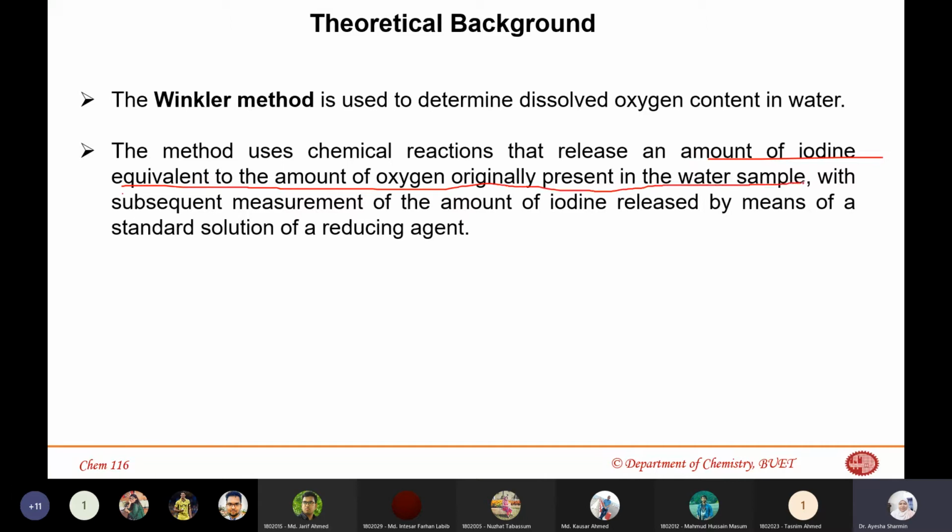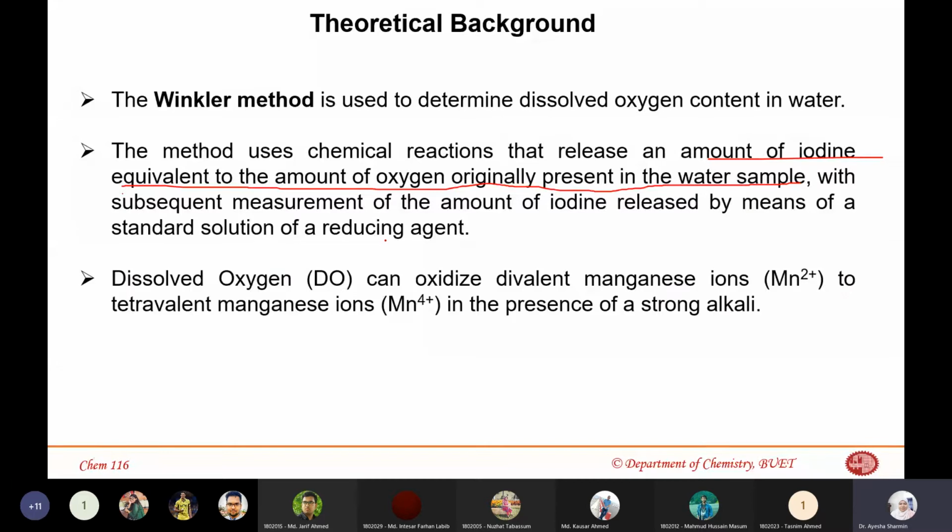That's why we need that special bottle, so that the sample doesn't come in contact with the air, and oxygen can't diffuse in and dissolve in the sample water, with subsequent measurement of the amount of iodine released by means of a standard solution of a reducing agent. Okay, so that's the typical method.